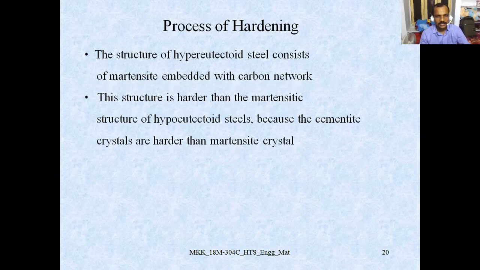So the structure is harder than the martensitic structure of hypoeutectoid steels because cementite crystals are harder than martensite crystals. So overall, we can say that the hypereutectoid steel structure is harder than the martensitic structure of hypoeutectoid steel because cementite crystals are harder than martensite crystals.